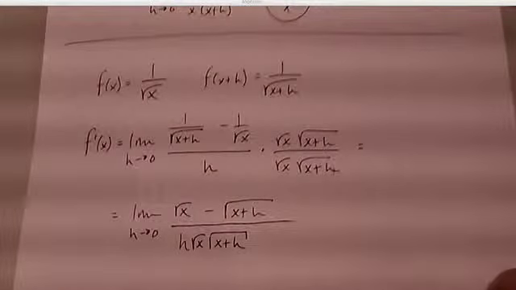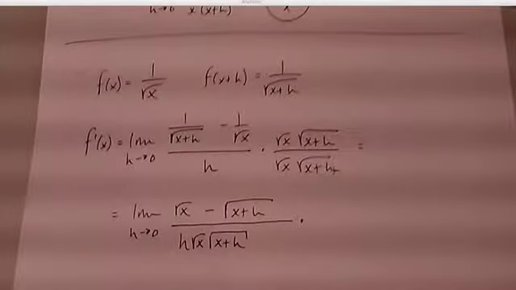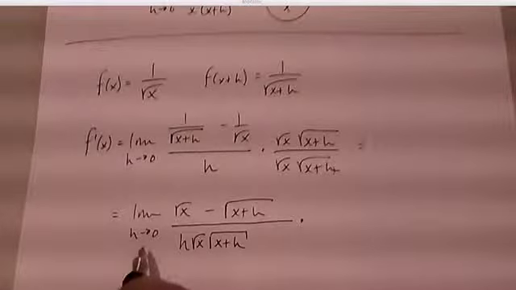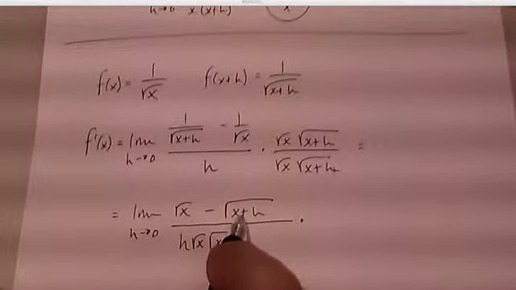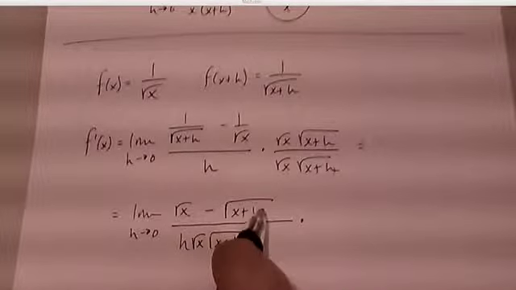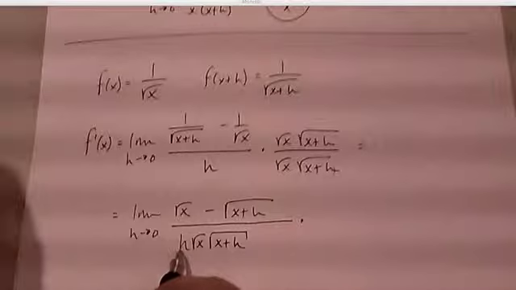We don't want to leave things behind. That kind of screws up our answer. Now what I need to do from here, because it's still indeterminate, right? You still have that h down here. You're still going to get 0 up in the numerator if I were to plug in. I need to free that x up in order to be able to cancel with that one, and that's what's going to get rid of the indeterminate form.